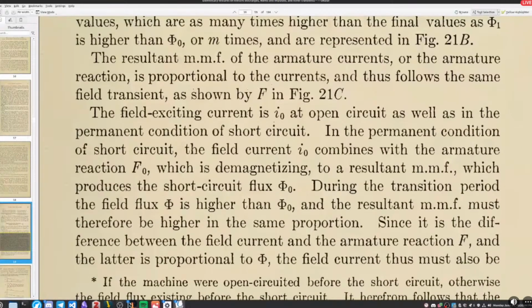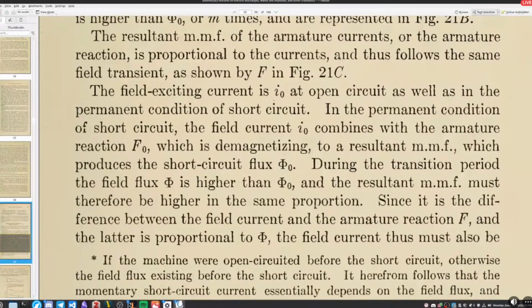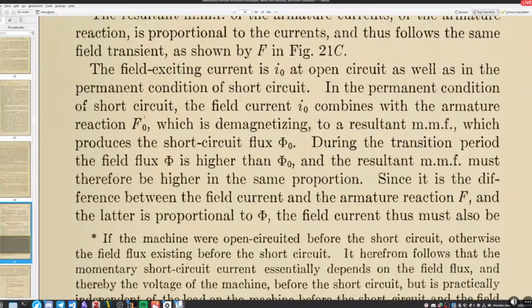The field exciting current is I0 at the open circuit as well as in the permanent condition of the short circuit. In the permanent condition of the short circuit, the field current I0 combines with the armature reaction F0, which is demagnetizing, to the resultant MMF which produces a short circuit flux of phi 0.